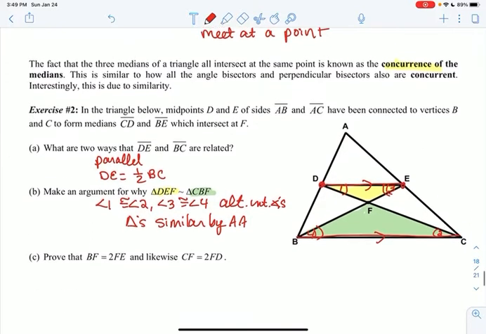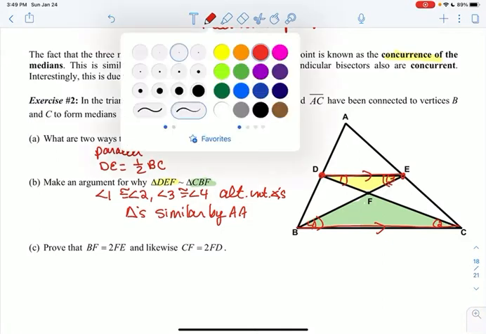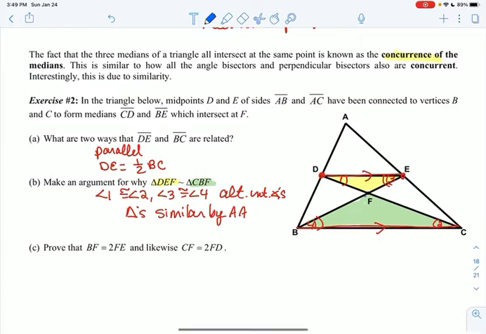All right, now I want to prove that BF equals 2 times FE. So BF, which is this line right here, is 2 times FE, and CF is 2 times FD. Now remember, if the triangles are similar, the sides are in proportion.